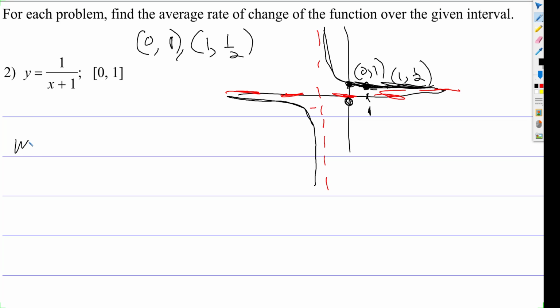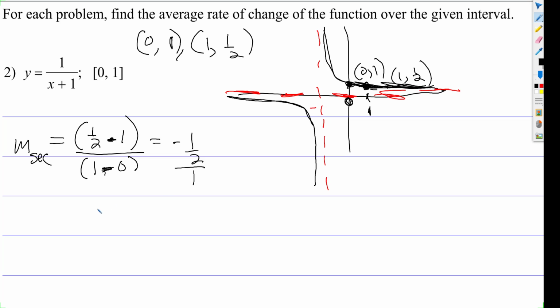And then you got it. Average rate, you could even do m secant for average rate of change. Well, the second y is 1/2, subtract the first y, which is 1, divided by the second x which is 1, subtract the first x. So 1/2 subtract 1 is negative 1/2. 1 subtract 0 is 1.